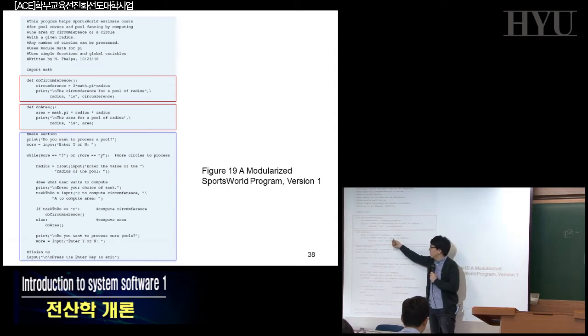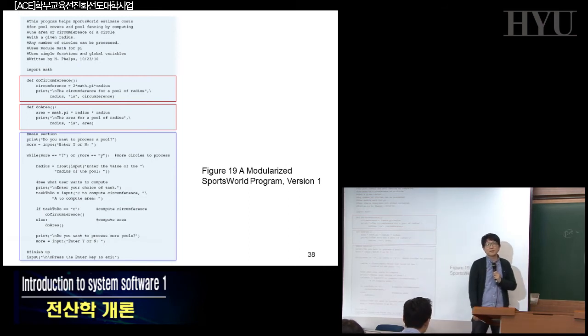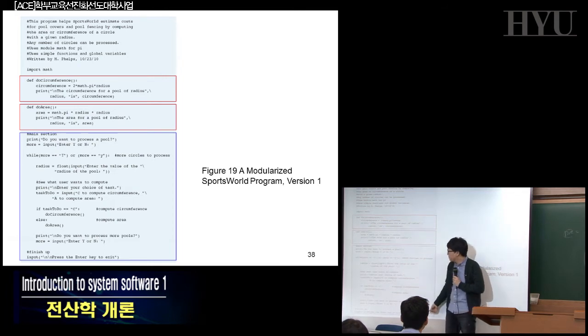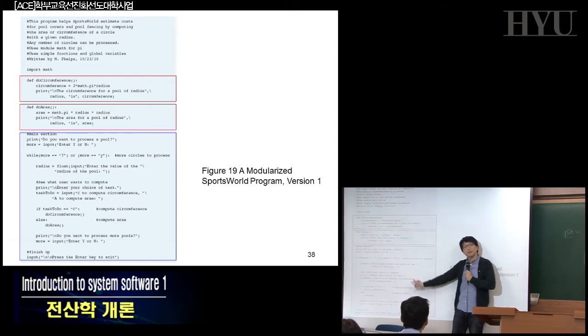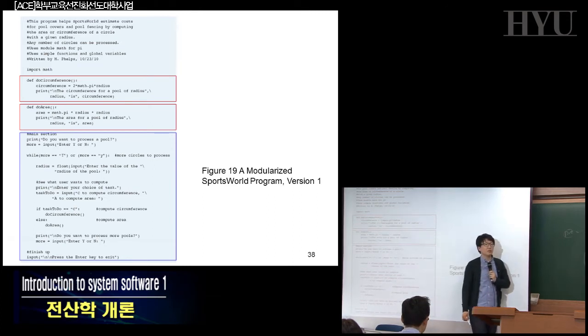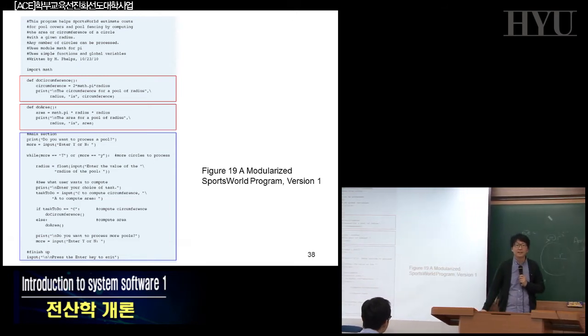Do area, math pi times radius square. See? Square. And print out. This is a main program. Before we had to write this extra program somewhere in here. Instead, we're going to just simply call that function. So next time we need to do that, just simply add one more line instead of adding many different lines.